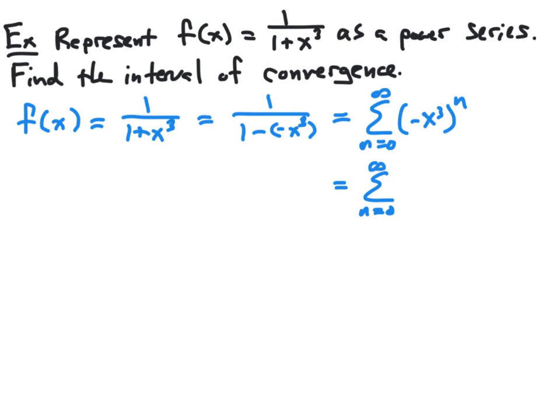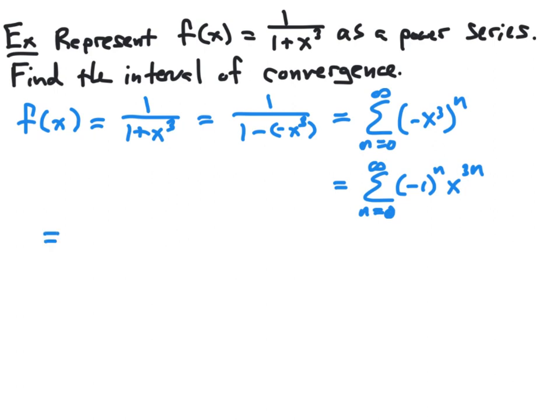So we'll have the series from n equal to 0 to infinity of negative 1 to the nth power, so that's an alternating sign, and our variable will be x cubed to the nth power, which will be x to the 3n power. So our power series representation here would be n equals 0 to infinity of negative 1 to the n, x to the 3n.